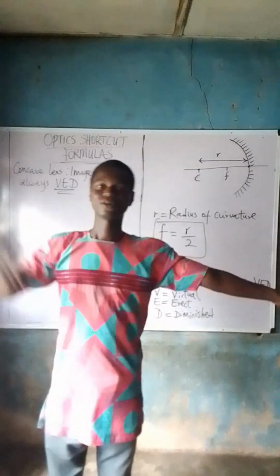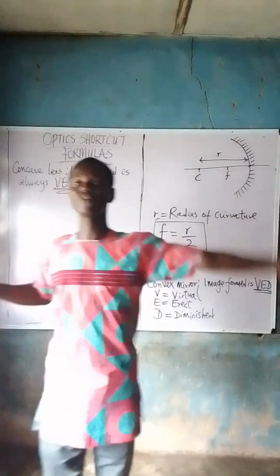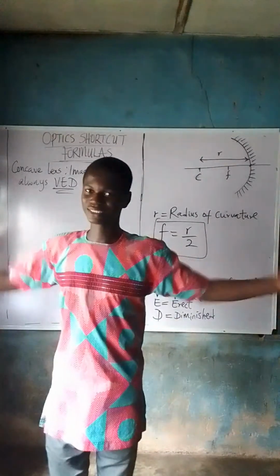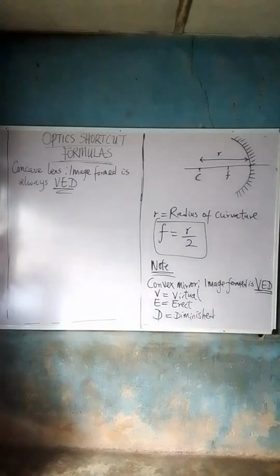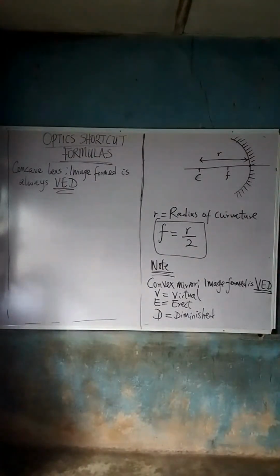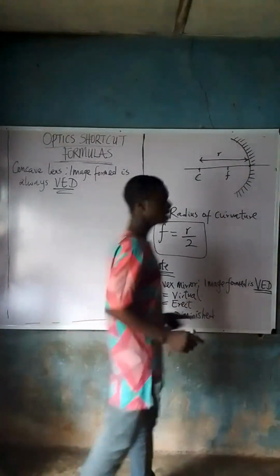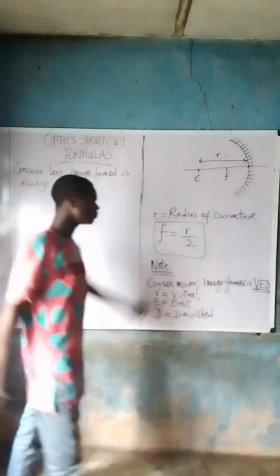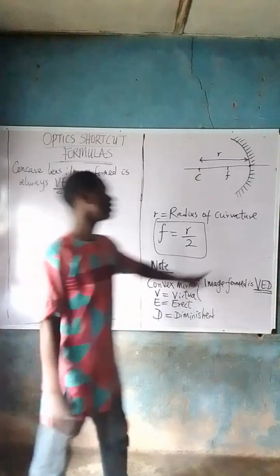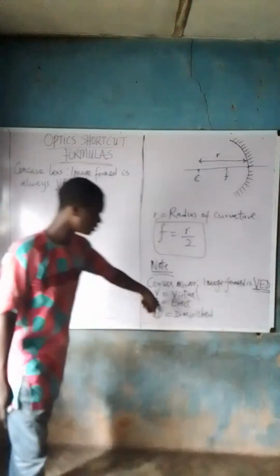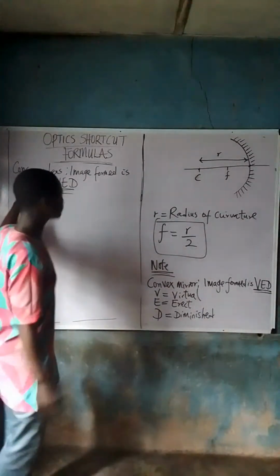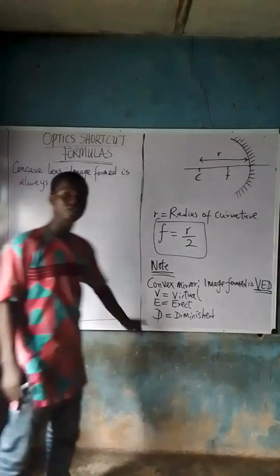Convex mirror, concave lens, they form the same type of image. They have the same image characteristics. Observe that. This one for convex mirror is VED. This is the image characteristics. For a concave lens, it's also VED.